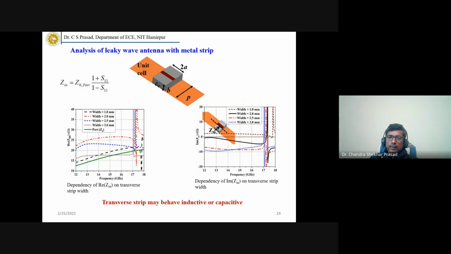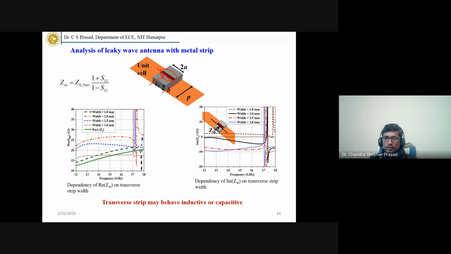So let's see. We are putting a simple perturbation, meaning we are putting some metal strip. So in simulation, what do we do? We calculate the input impedance. Now if you calculate the input impedance at this plane, and if this impedance is equal to the impedance of the unperturbed line, then there will be no reflection.